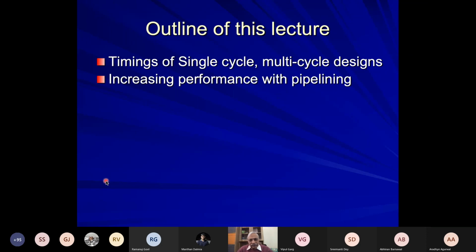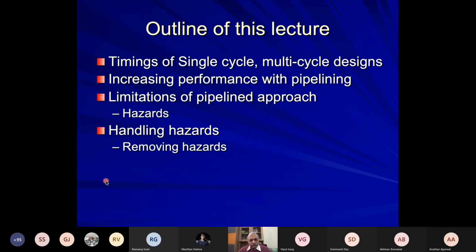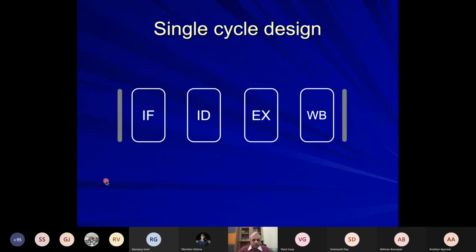We will see that the pipelining approach can improve the performance even further. But we would need to understand what are the limitations of this particular approach. There are certain kind of hazards which come into place, and we'll briefly try to see how to handle those hazards, how we can remove those, or how can we reduce the effect of these hazards.